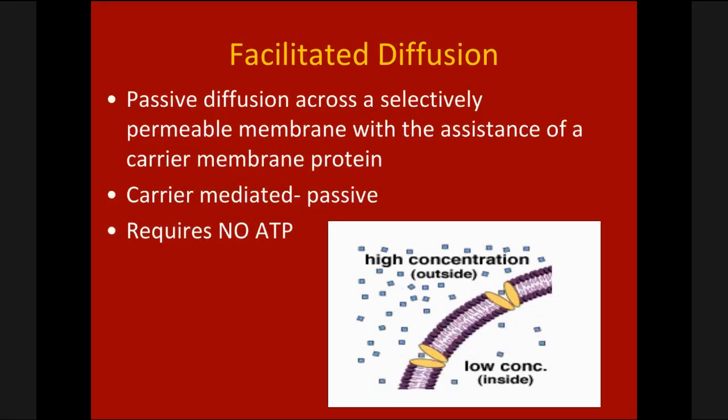It doesn't require ATP energy. It's using kinetic action, and sometimes when molecules interact with each other or form a little bit of a bond, it causes the molecules to change shape. We call this a conformational shape change. So as the solute interacts with the membrane protein, it causes a shape change that helps to shuttle the molecule across. Good? It's diffusion.